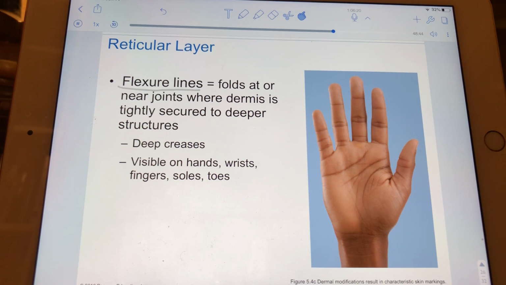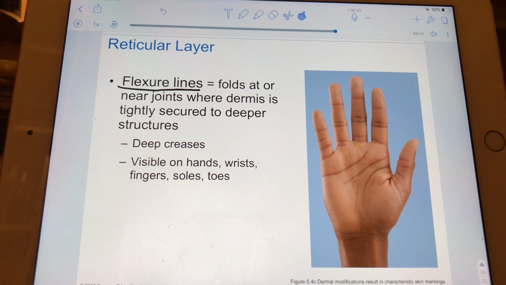Just in case we haven't already introduced enough lines to you, we need to know what flexure lines are, not to be confused with cleavage lines. Flexure lines are folds and creases that form more or less permanently over joints that we use a lot.